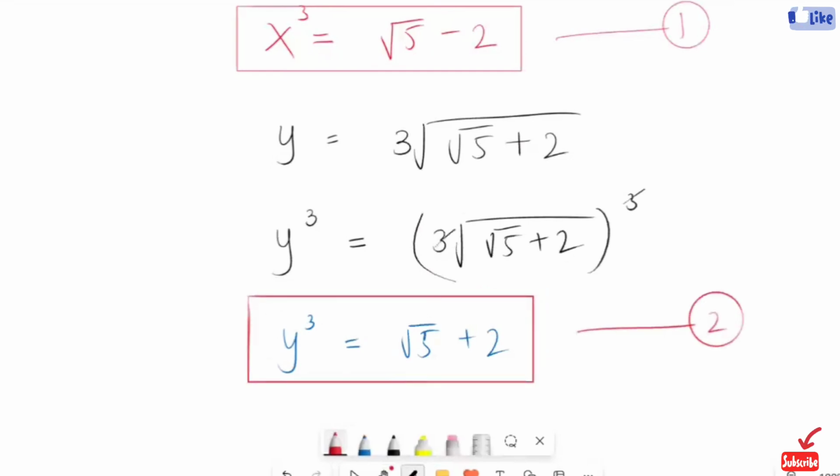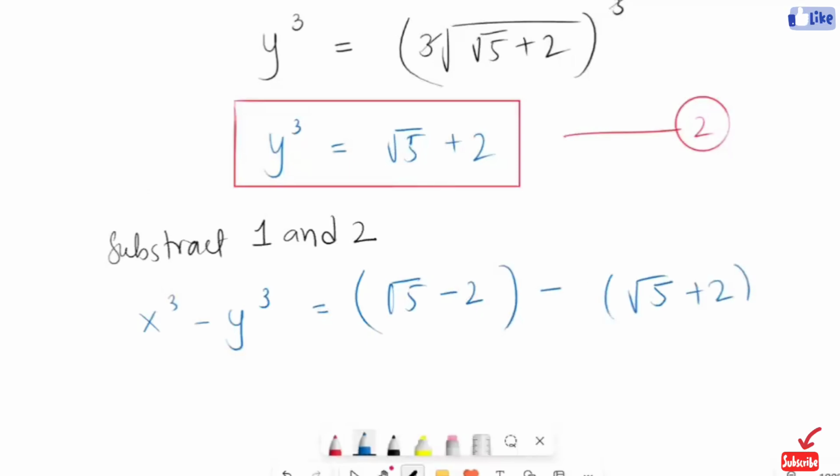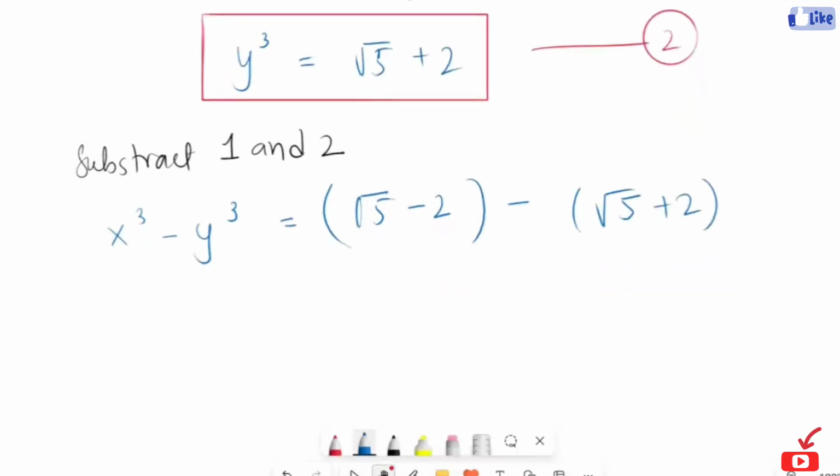Now in the next step I am going to subtract equation 1 and 2. So we will get x cubed minus y cubed is equal to root 5 minus 2 minus root 5 plus 2. Now we're going to solve it out.